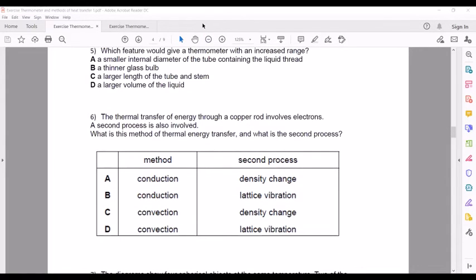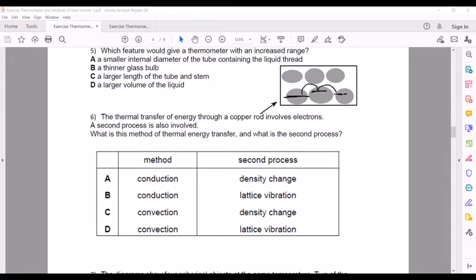Metals have a lattice of positive ions and free electrons. When you supply heat energy to a piece of metal, what do you cause? You cause the lattice, the positive ions, to vibrate, and they collide with each other and transfer energy from one end to another.